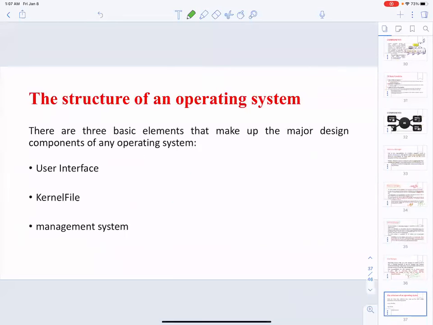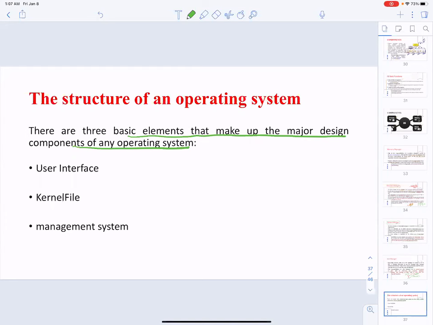After we covered the different components of an operating system, let's now dig a little deeper into the main structure of an operating system. As I said before, there are three basic elements that make up the major design component of an operating system, whether it is memory management, a process manager, a file manager, or a device manager.